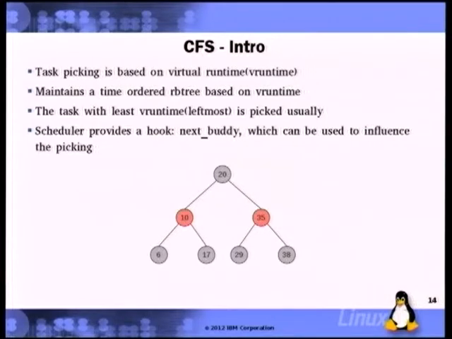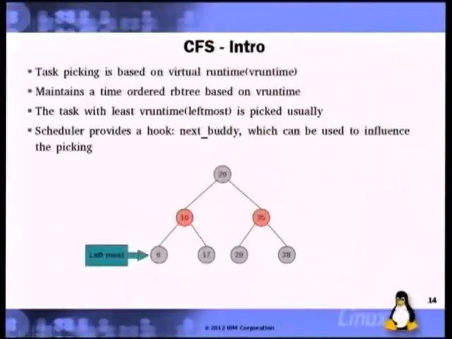So how is this achieved? It is achieved by something called virtual runtime. If I have 1 second worth of time, then each task should ideally have run 250 milliseconds. That's what it tries to achieve, and this is done using a time-ordered red-black tree that we see on the slide, which is keyed on the vruntime.